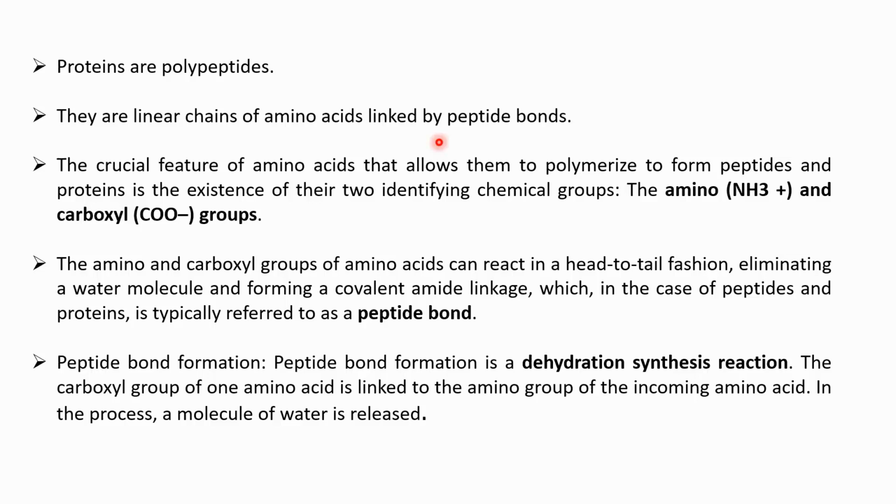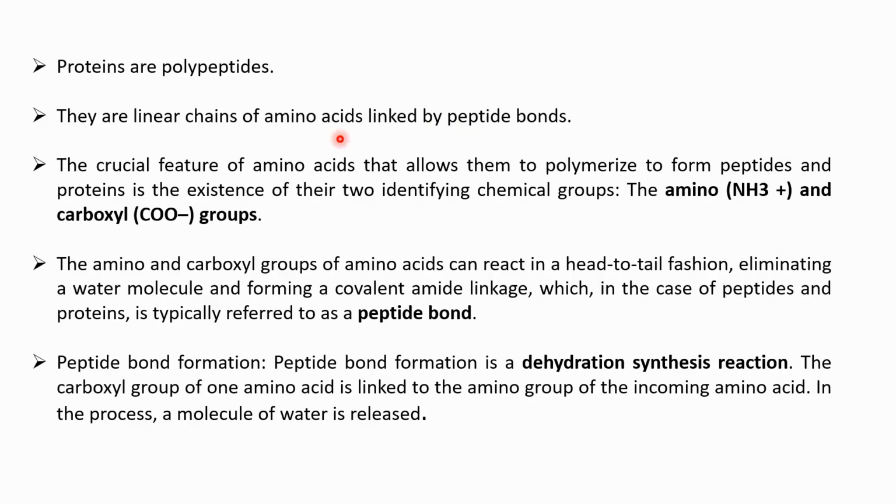Now, in the last lecture, we studied one of the important properties of amino acids: they have two functional groups. The first one is the amino group and the second one is the carboxyl group.